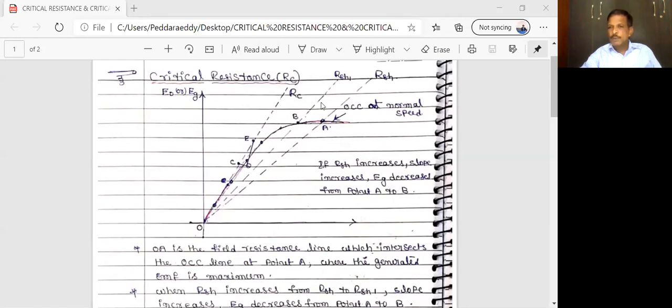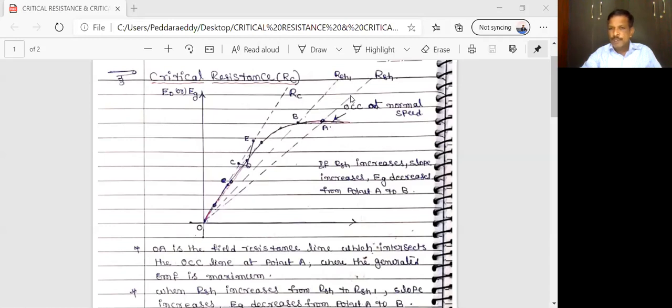Okay, so if you increase the resistance, what happens? You are going to get many slopes: RSH to RSH1, RSH1 to RSH2, RSH2 to RSH3, depending upon your resistance increment.